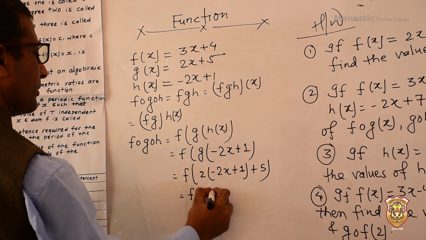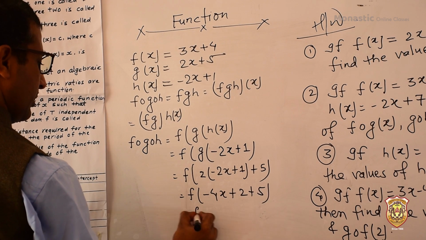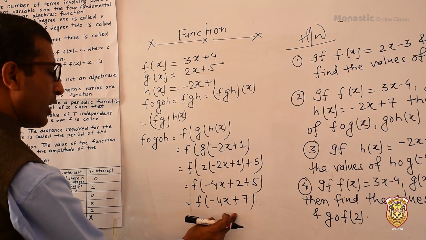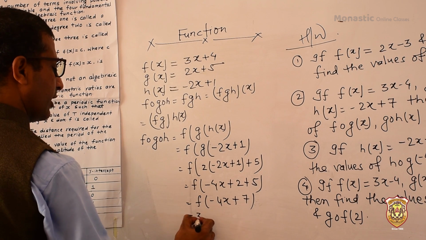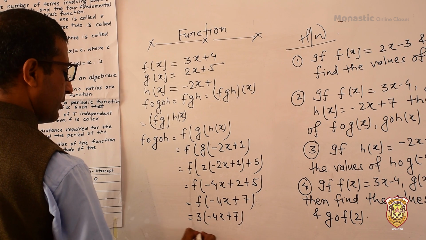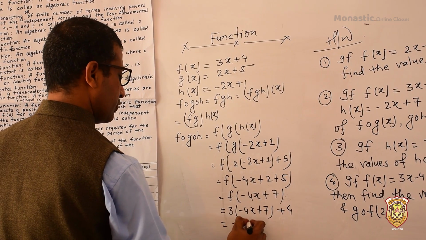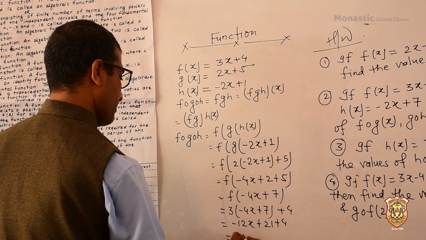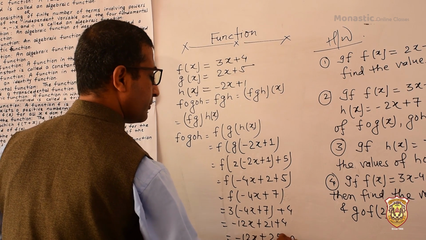Do the multiplication. Minus 4x plus 2 plus 5, it came minus 4x plus 7. Now you have to substitute this value into f, that is 3 times, in place of x, minus 4x plus 7, plus 4 is also there, minus 12x plus 21 plus 4, that is minus 12x plus 25.